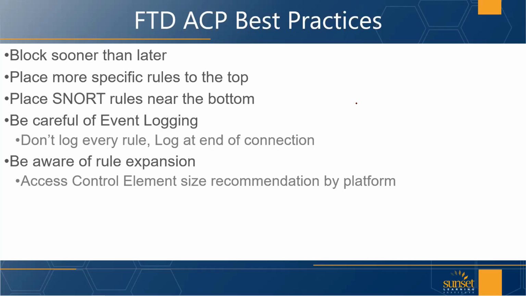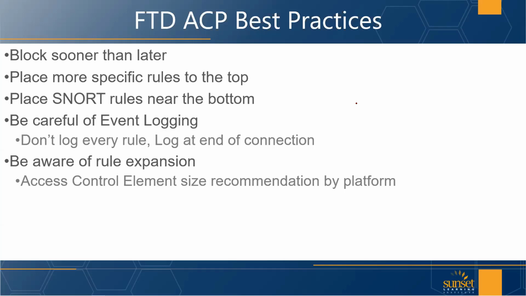So for that, and then rule expansion. So one of the things that happened when I first got into these firewalls, I go, well, I'm used to the line by line firewall, and I'm going, oh wow, I could do all these ports and applications, and I could put it all on one line in my GUI, and that is so cool. I might have 20 elements in that GUI. And then when I went and I looked down, it takes each one of those and it calls them access control elements, and it writes them sequentially.